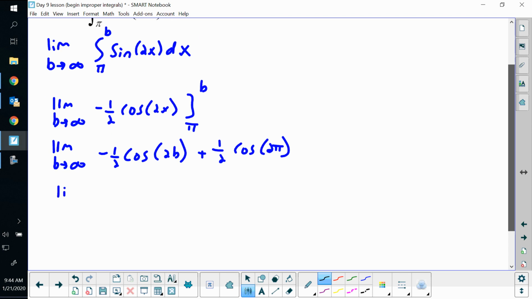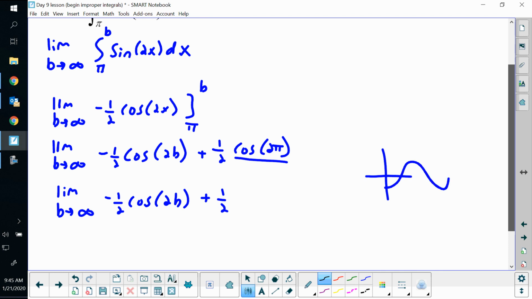Cos of 2 pi, we can figure that out. Cos of 2 pi is just 1, so this is plus a half. So we've got a negative cos graph. It's got a frequency of 2, but that doesn't really change too much what the cos graph is looking like.